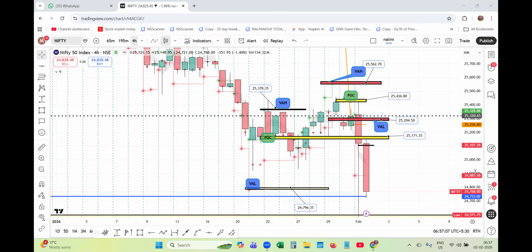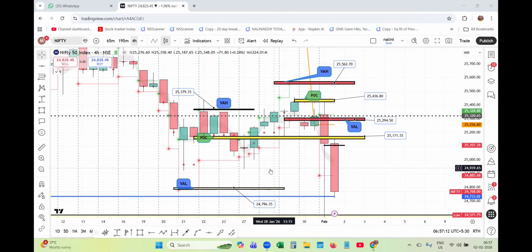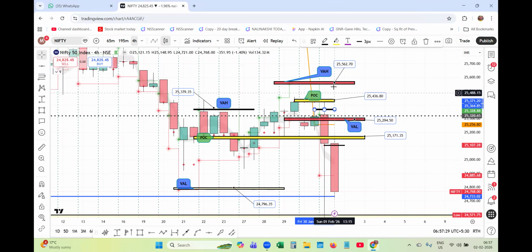Yesterday's price action, I am on the 4-hourly chart, and this was the previous day candle. It was a liquidity sweep. You can see over here, the market moved higher than this, higher than this.